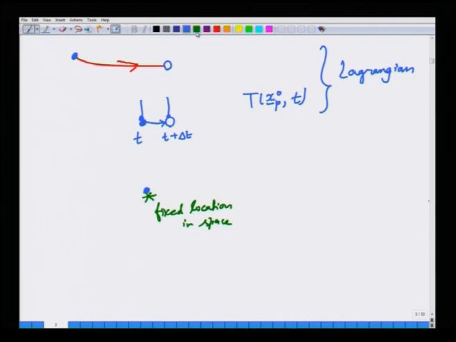Let me just write that this is Eulerian. At a later time, at the same location, denoted by a star here, the blue point will not be residing there, because at time t plus delta t the blue point will in general have moved, and this location will be occupied by some other point.